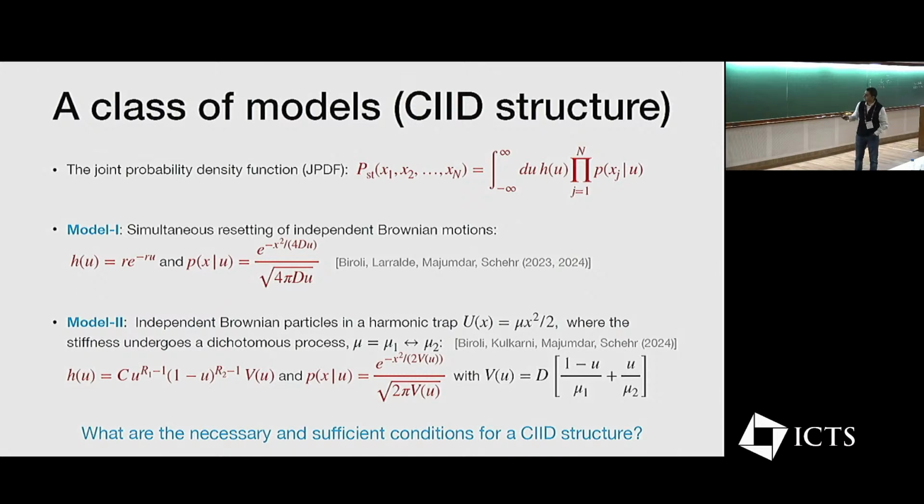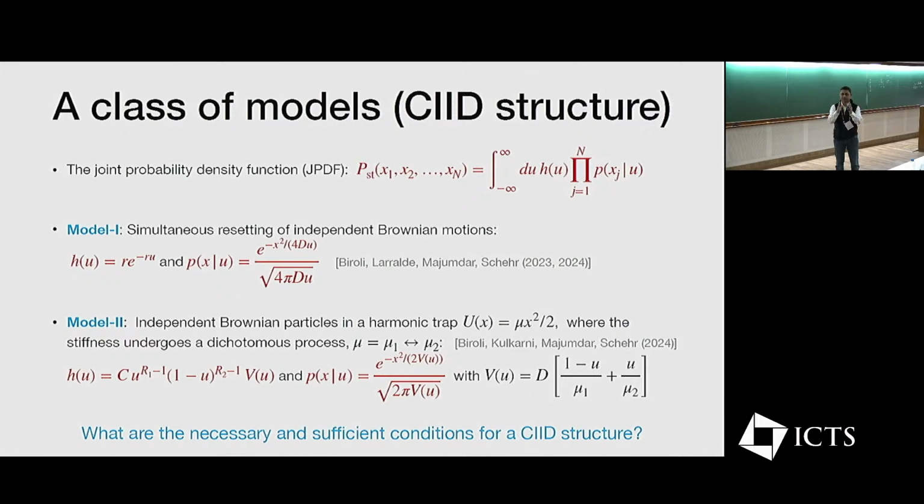There is a second example, where again you take a large number of Brownian particles in a harmonic potential. These are non-interacting Brownian particles, so if you don't do anything, the system has a product measure. Now what you do is change the strength of the trap between two values, mu1 and mu2.